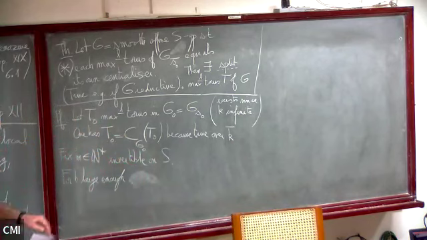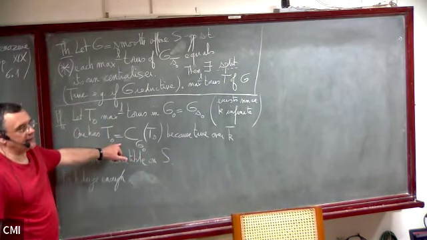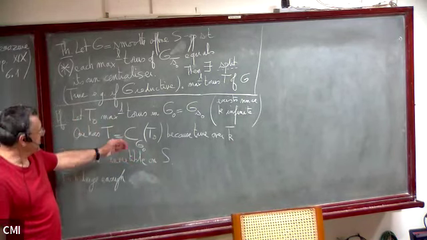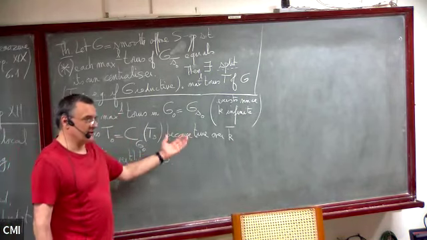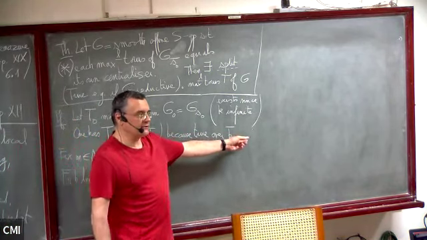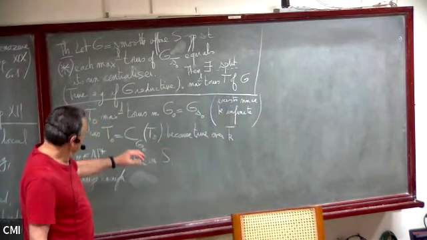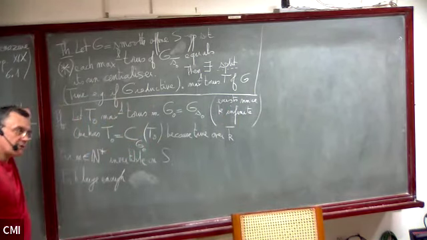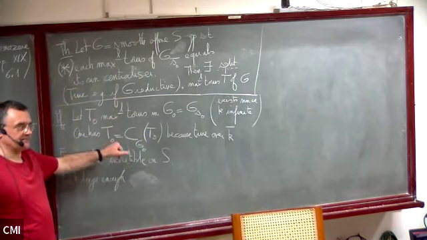This is faithfully flat descent: you go from K to the algebraic closure, and it is true over the algebraic closure, so it is already true.